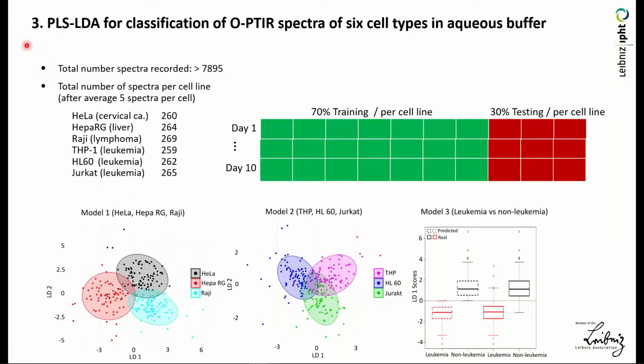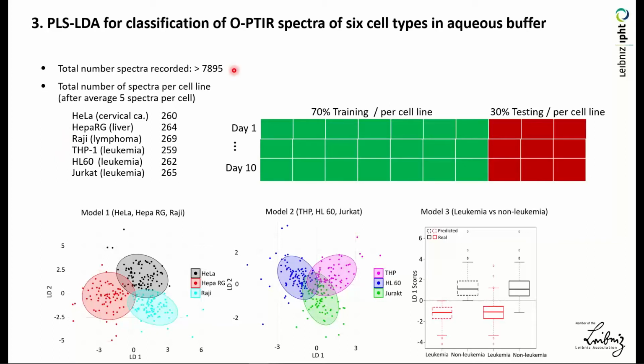We also collected more data from other cells. For example, HeLa cells, that's the cells derived from cervical carcinoma. This HepaRG cell line, that's the liver cell line, Raji lymphoma cell lines, and then 3 different leukemia cell lines.